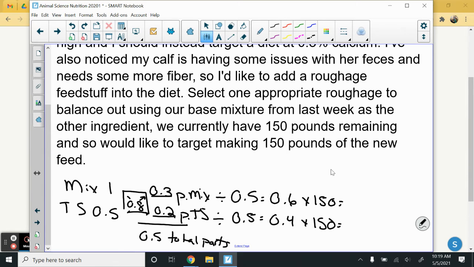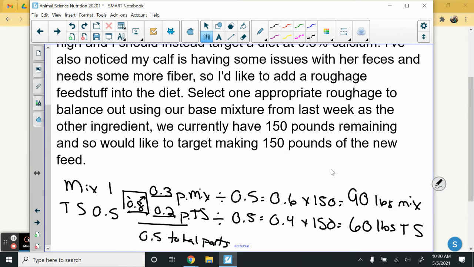When I multiply both of those numbers by 150, that means that I'm going to want 90 pounds of my mixture, and I'm going to want 60 pounds of my Timothy silage. So at this point, I've created a feed that has 3 ingredients, because it has the Timothy silage, and then it also has the oats and the ground limestone from my first Pearson square.